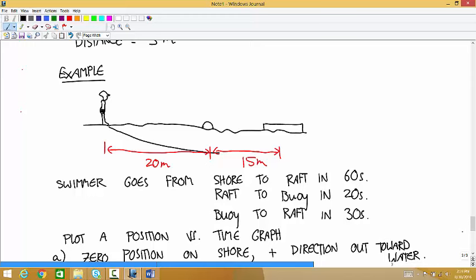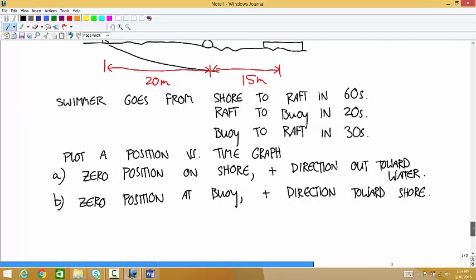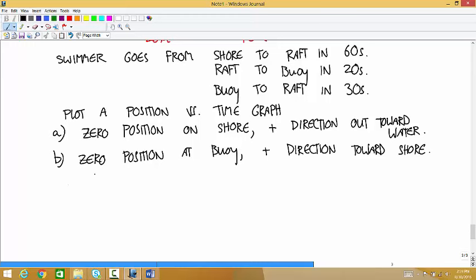And the way to approach problems like this is, first we're just going to do a simple diagram of what the motion looks like. So I'm just going to make a point that represents the shore, a point that represents the buoy, and a point that represents the raft. Oh, and I skipped one thing.